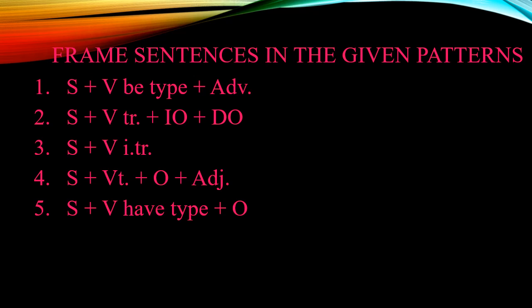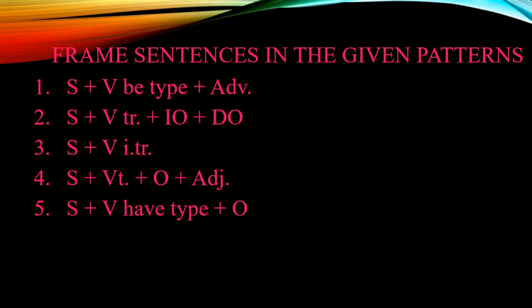They promised us a gift. He brought me a cup of tea. So all these are examples of subject verb, which is transitive, and then you have the direct object and the indirect object.